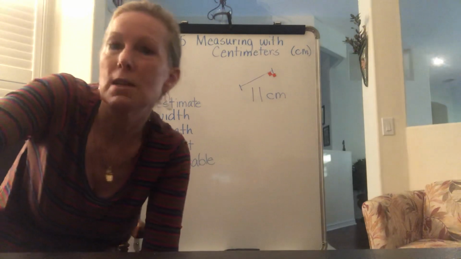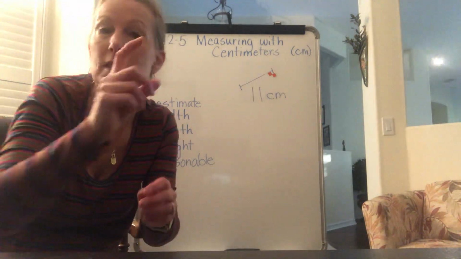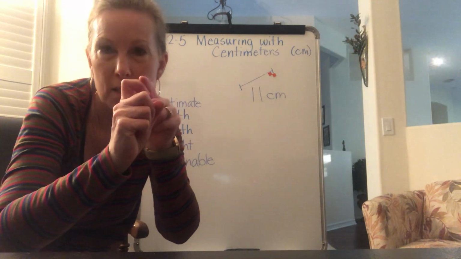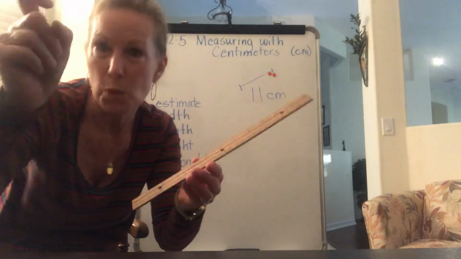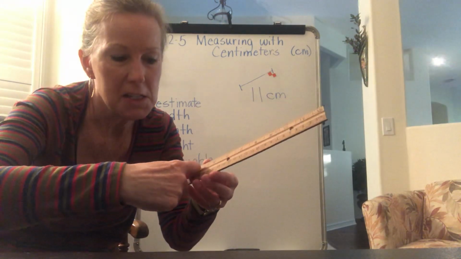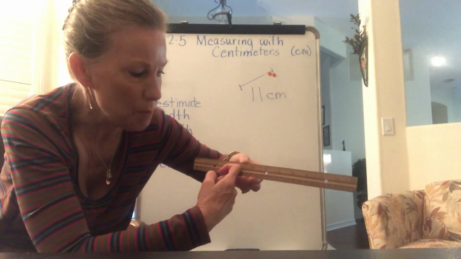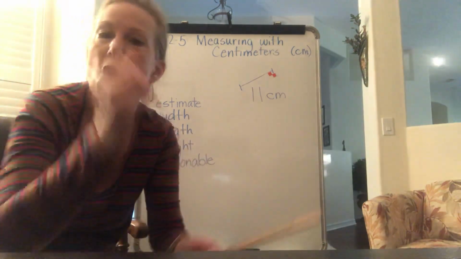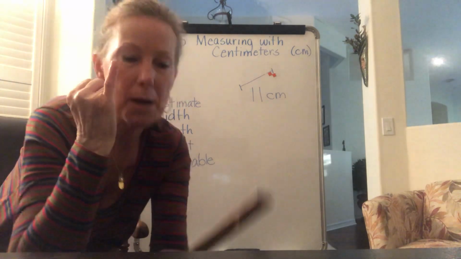Now, I'm going to tell you something else too that's really cool. Remember how on Monday I said from your knuckle to this knuckle is like the size of an inch? And I hope all of you took your knuckle and stuck it on your inch ruler and saw. Mine is almost perfect, okay? Well, your pinky. Now look at the way I'm holding it.